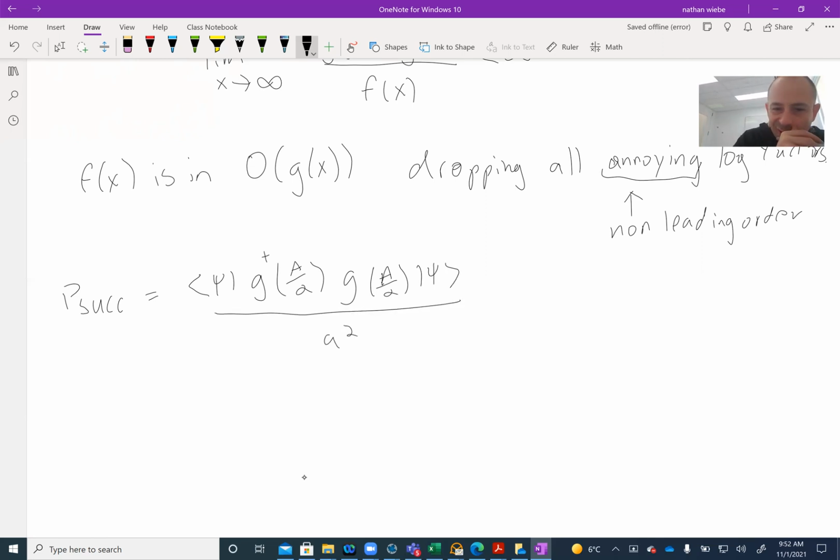Now, let's assume that G of A over alpha is equal to A over alpha inverse plus some small error of the order of epsilon, from the theorem above by Cathari.